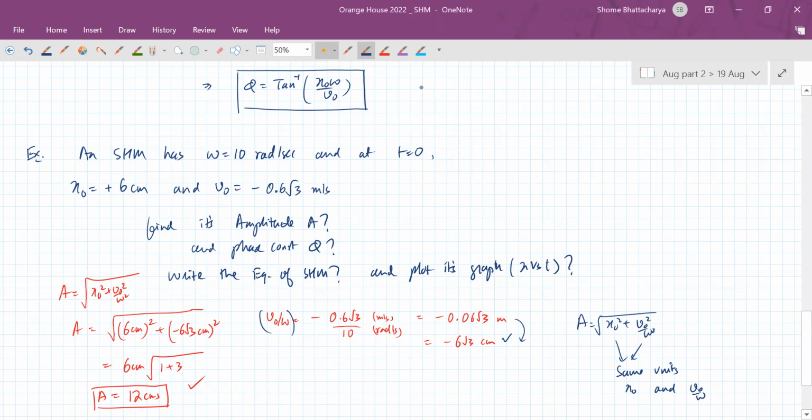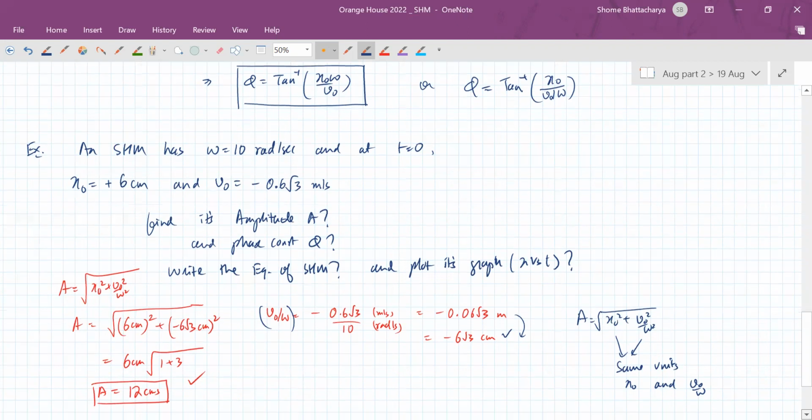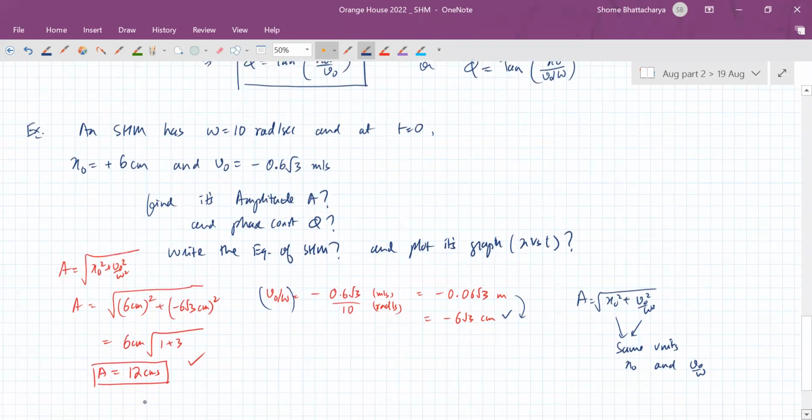Or basically you can see that this is tan inverse of x naught divided by v naught by omega. So that numerator and denominator should be in the same unit, either both in meters or both in centimeters. So now you'll understand quite easily. So this is the amplitude.